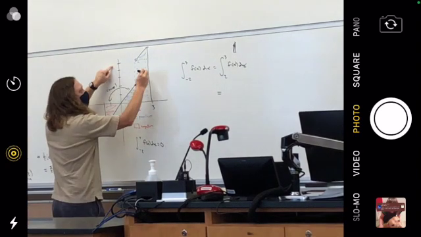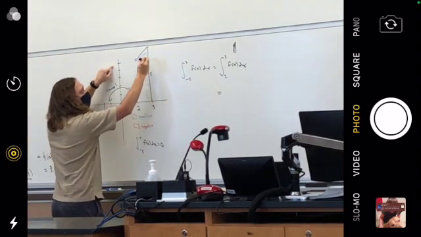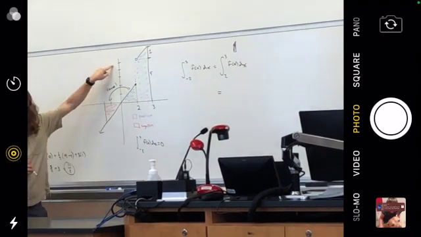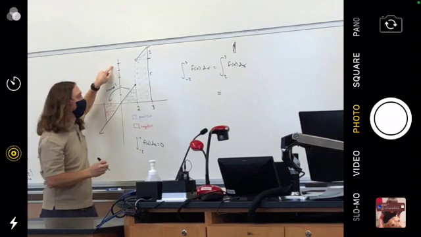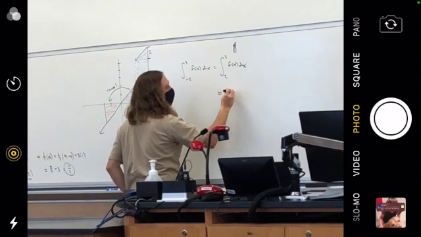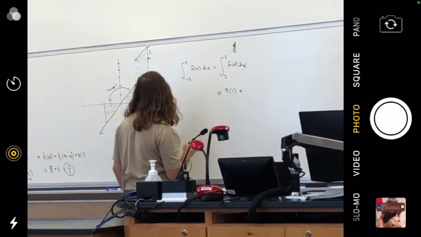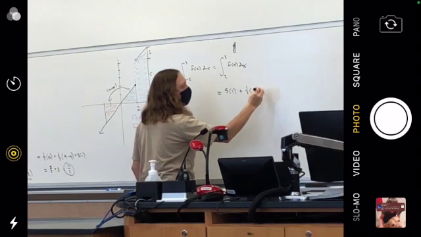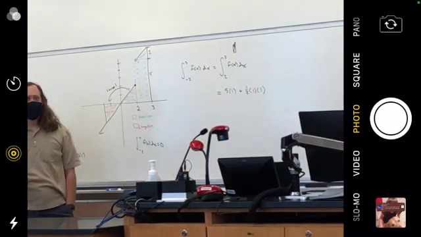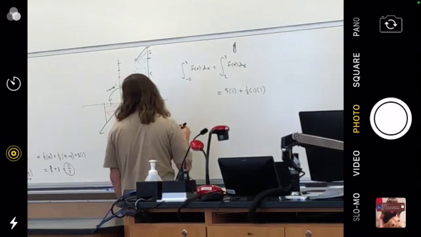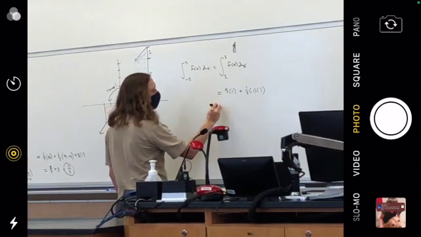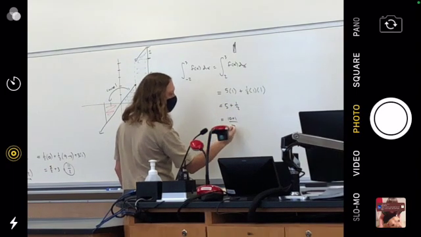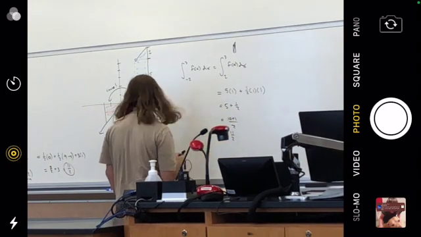This is height 5 to here. And then what's this height? 1. So it's going to be 5 times 1 plus 1/2 of 1 times 1. So 5 plus 1/2. So 11/2.